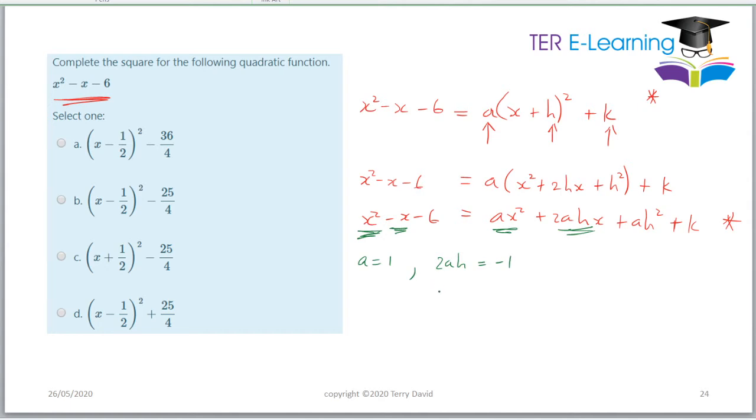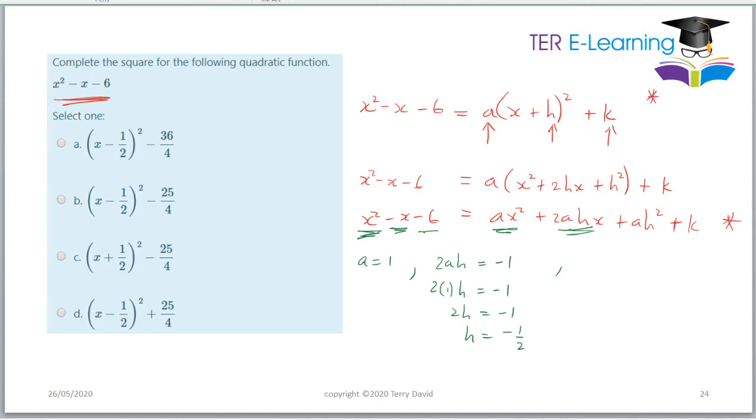But you already know that a is 1, so 2h is equal to minus 1. So h is equal to minus a half. You've worked out a and h. Next thing is to work out k.